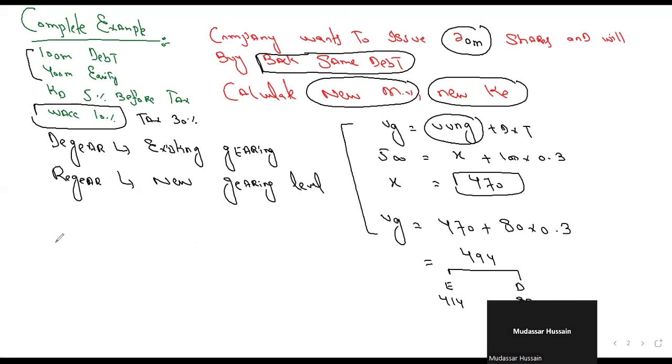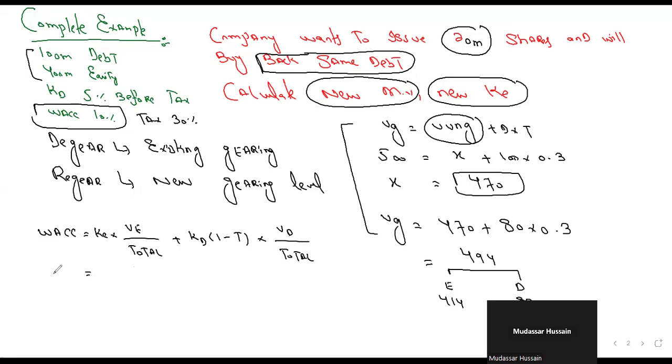Now, what will happen, guys? Just apply the WACC formula. WACC is equal to cost of equity into value of equity divided by the total value, plus cost of debt into (1 minus T) into value of debt over total.